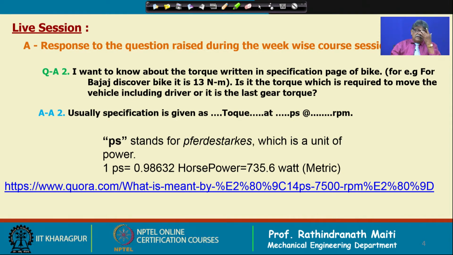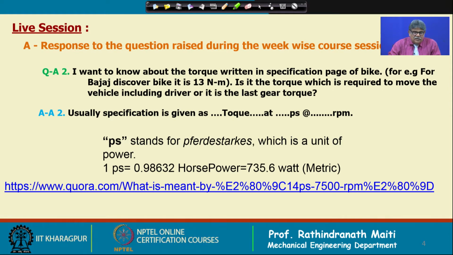Normally, it is written in the form of the net torque value at a PS, which is power, at a certain RPM. PS stands for a German word, Pferdestärke, where the P remains silent.